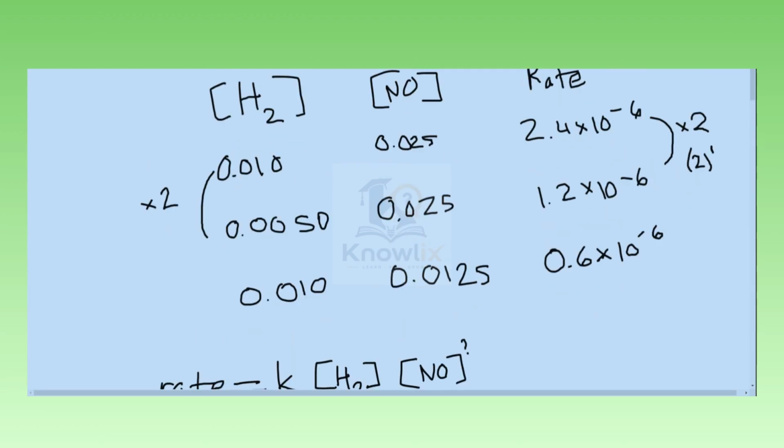So now let's take a look at nitrogen monoxide. So the hydrogen concentrations are constant between these two trials. And we'll notice here that we are doubling our concentration of nitrogen monoxide. And if we look here, we will notice that we are quadrupling the rate.